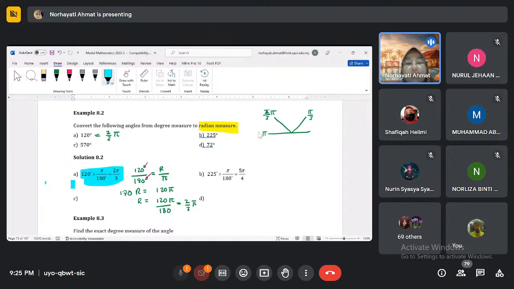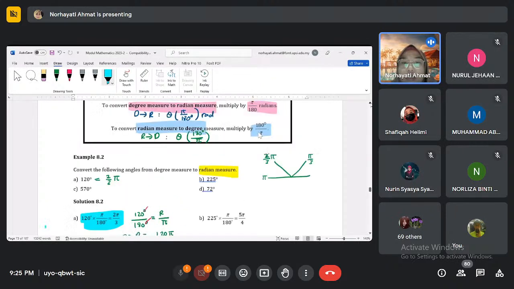Yang ni saya gunakan ratio. Yang tadi itulah relation between angle in degree and angle in radian. Kalau awak tak ingat lah, sometimes kita confuse, sometimes kita tertukar. Saya pun sometimes memang tertukar lah.